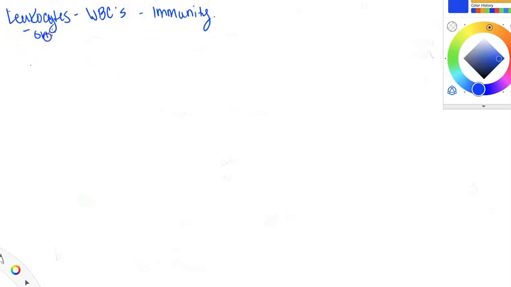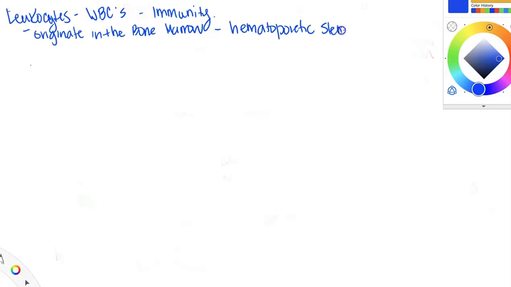Again, they originate in the bone marrow, and they come from hematopoietic stem cells, just like the red blood cells do.